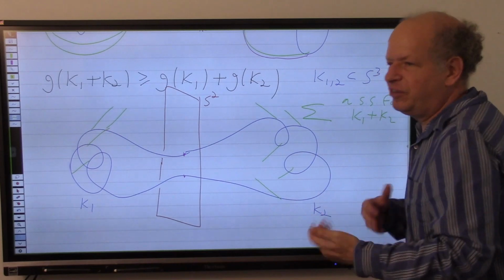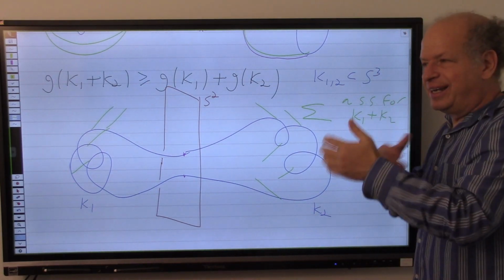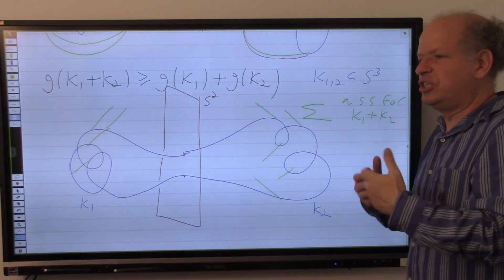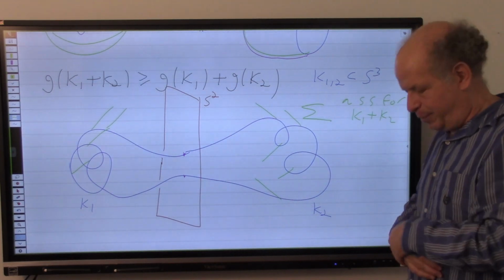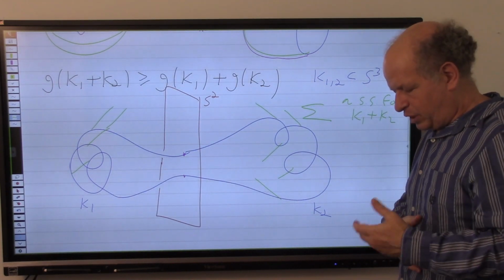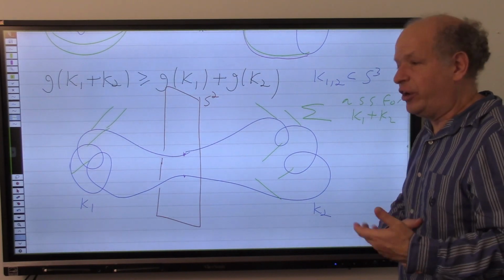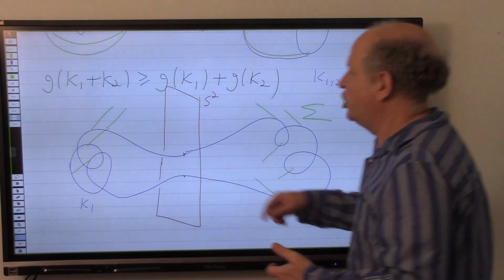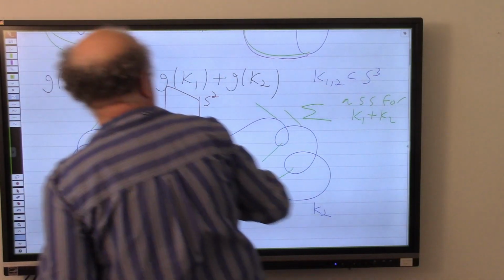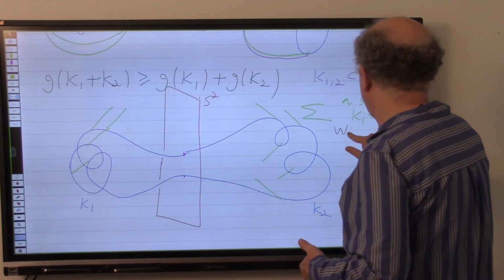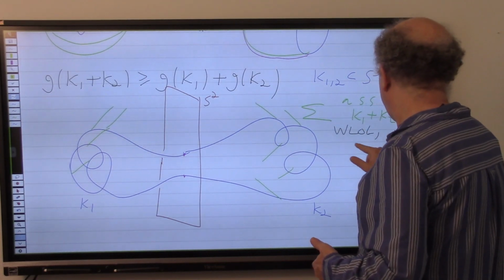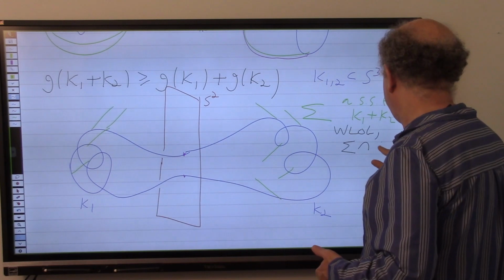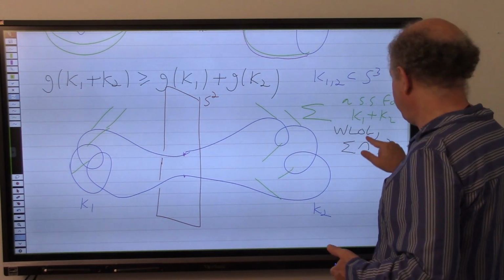And by differential geometry, I can deform it a little bit so that the intersection is generic, transversal at every point. So without loss of generality, sigma intersect S2 is transverse.